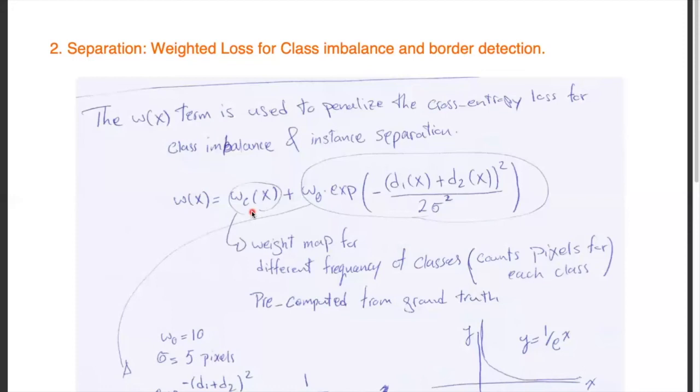You have very tiny information coming from the borders and the background. This part is pre-computed from the ground truth. So basically, they trained it using the already known information to compensate for the frequency of the classes. The second part here is used to increase the value of the borders between cells.